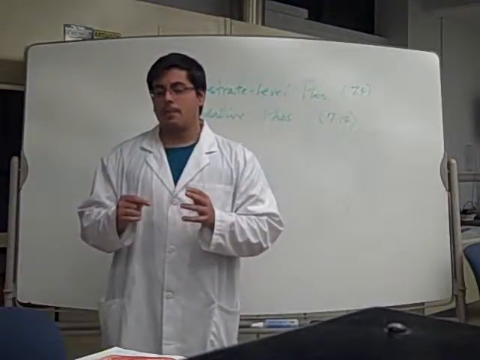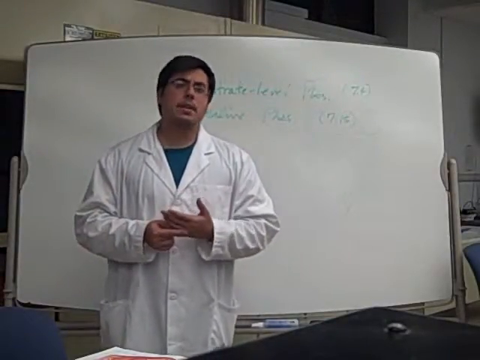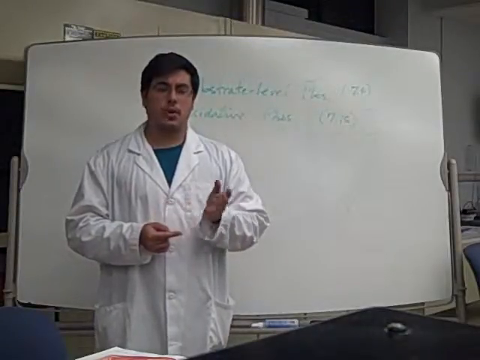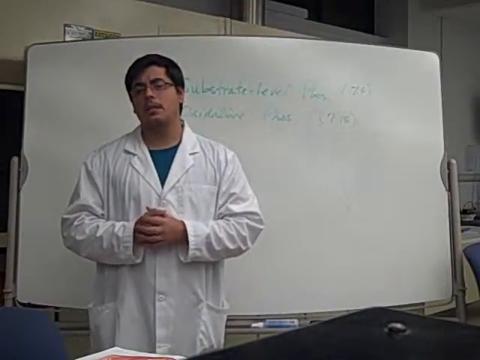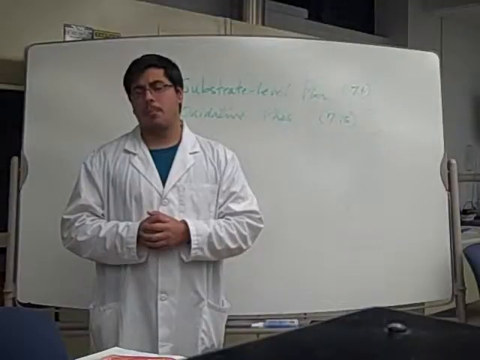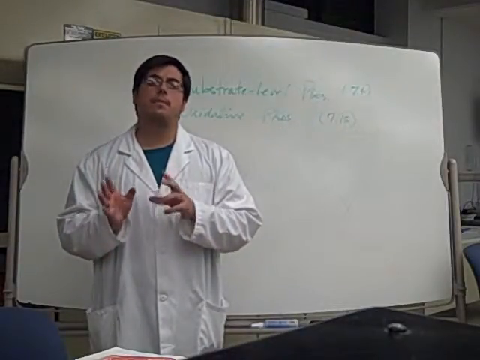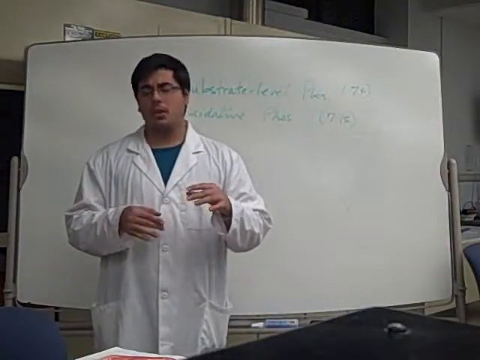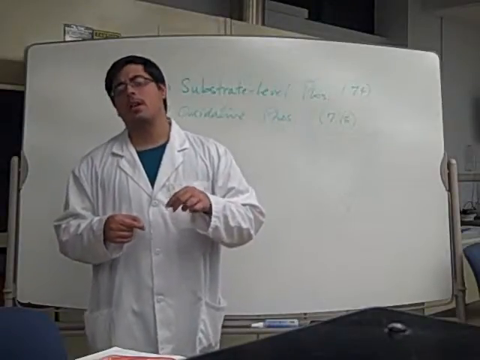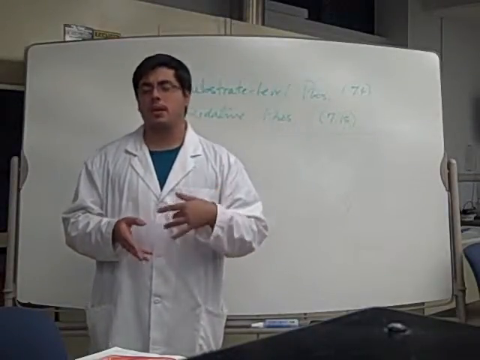Okay, and you see that in figure 7.15, which occurs at the end of the ETC process, and that's again oxidative phosphorylation. Okay, you'll go a little bit more into detail about the process of the ETC once you get into the next unit.